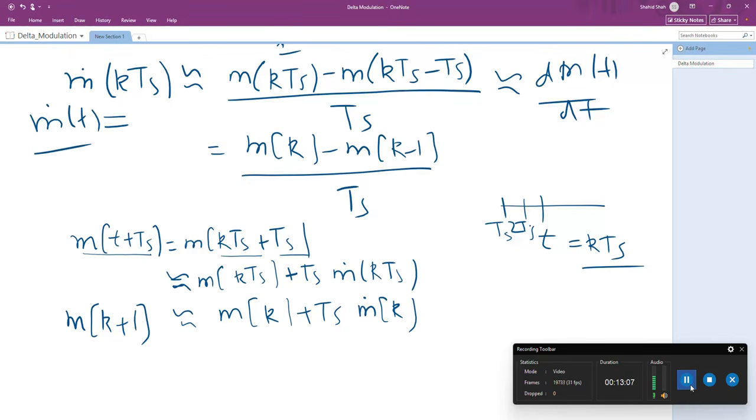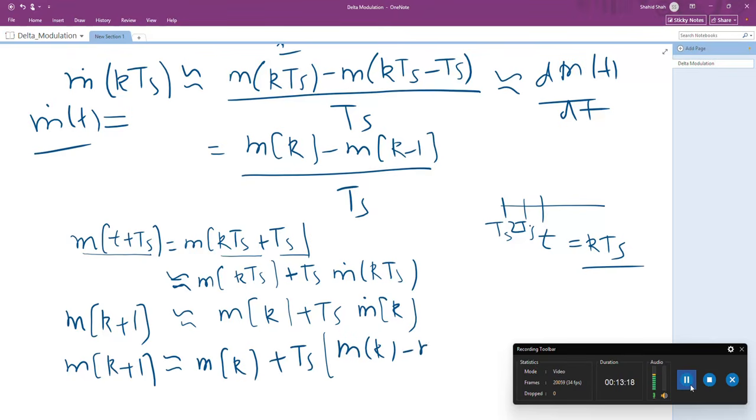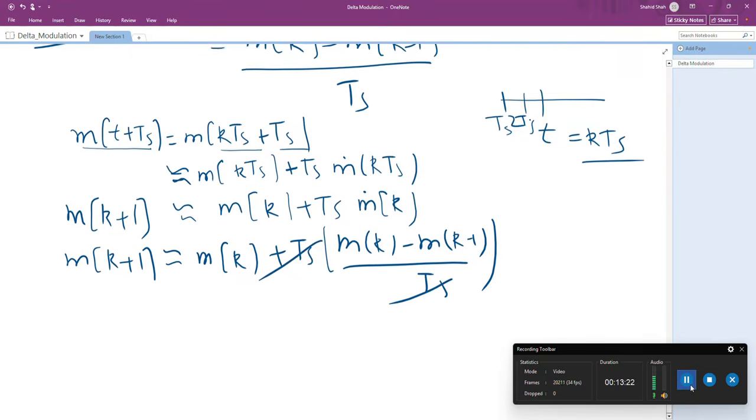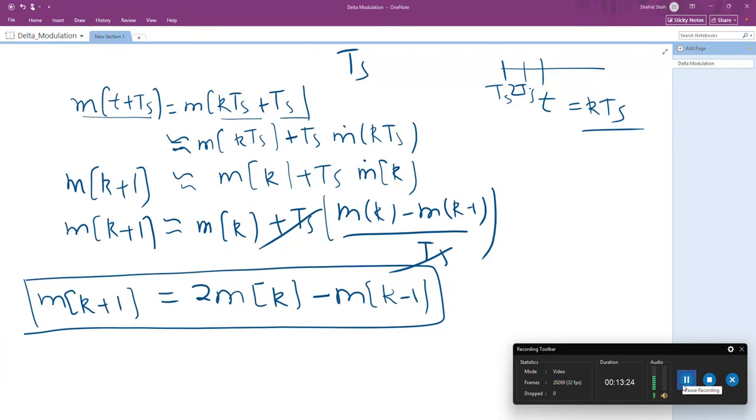Putting it back, m of k plus 1 is approximately m of k plus Ts times m of k minus m of k minus 1 divided by Ts. The Ts cancels out, and this is the first order approximation of prediction. If you know the previous sample k minus 1 and the current sample, you can get the value of the future sample in this way.